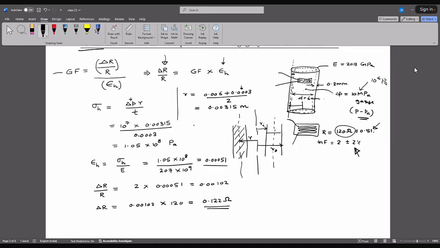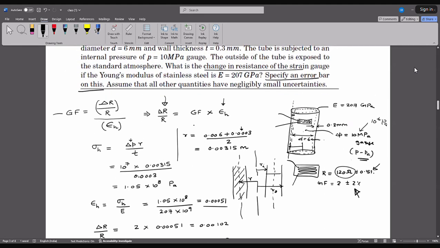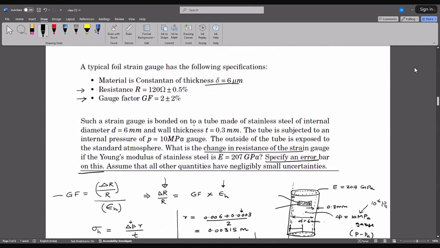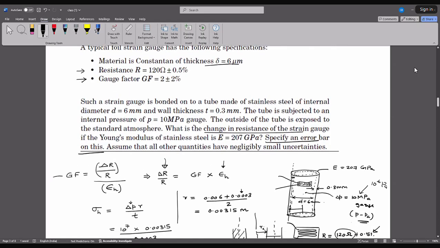The resistance change has an uncertainty, 0.5%, and this is 2%.